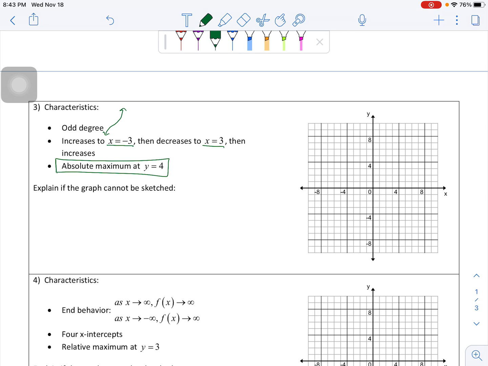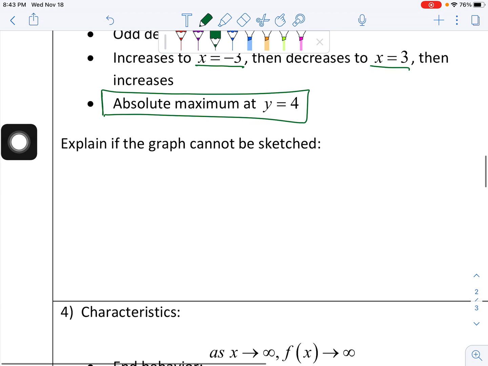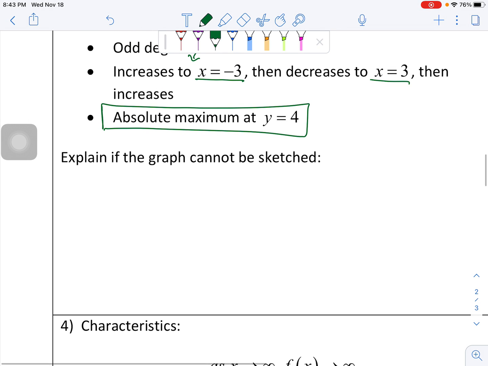Okay, absolute maximum at y is equal to 4. That's not possible with an odd degree function. An odd degree function is going to go from -infinity to infinity at some point, and so you can't have an absolute maximum. You also don't have an absolute minimum. All right. So this graph cannot be sketched.